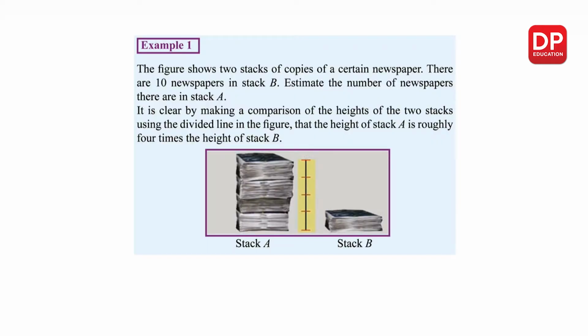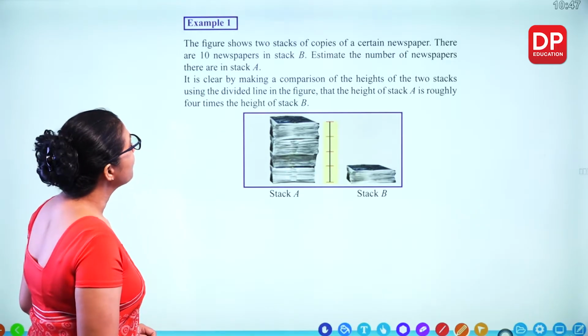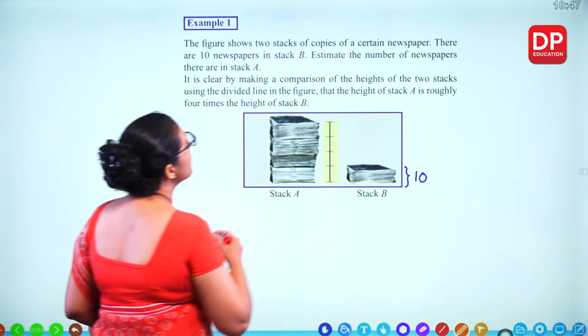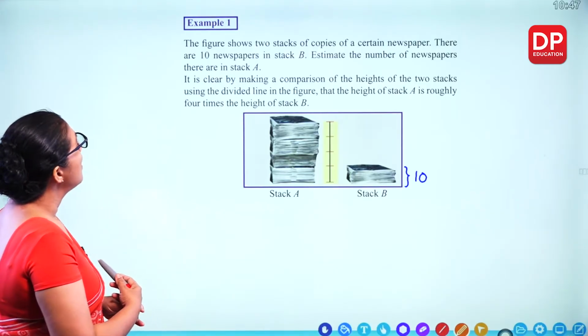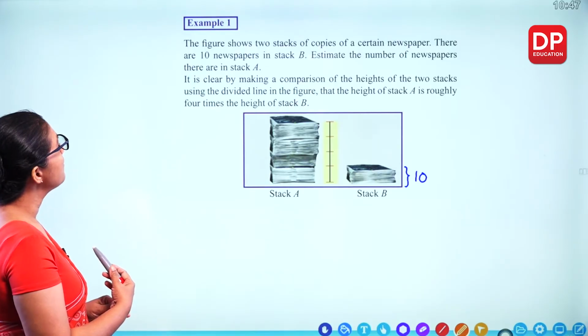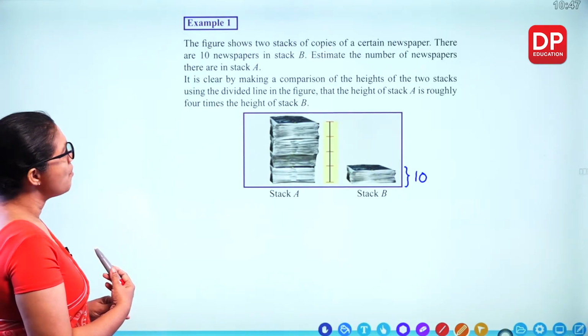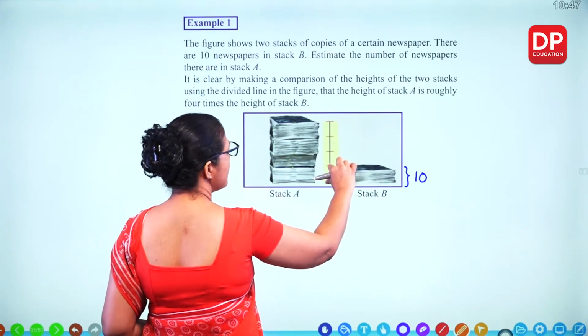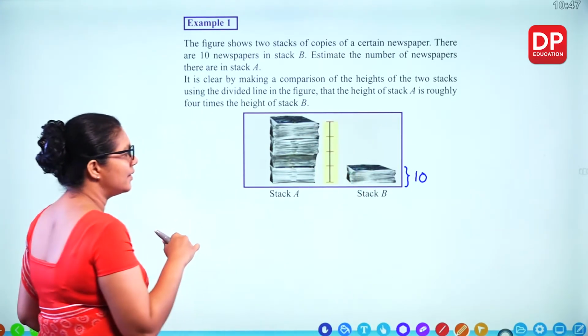Now we'll look at exercises in your textbook. Example number 1. The figure shows 2 stacks of copies of a certain newspaper. There are 10 newspapers in stack B. This is 10. Estimate the number of newspapers in stack A. Now we can compare. This one is like 4 times bigger.